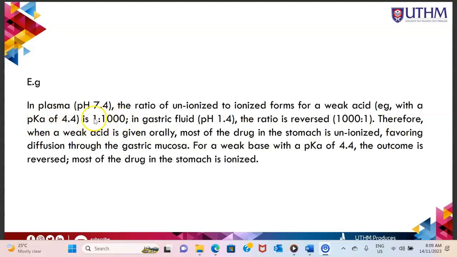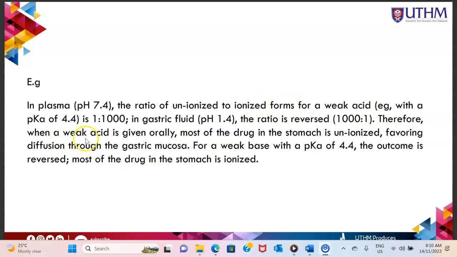So it's only 1 part unionized and 1000 parts are ionized. Meanwhile, in gastric fluid, with an environment pH of 1.4, the ratio is reversed. It is 1000 parts of the unionized to 1 part of the ionized.